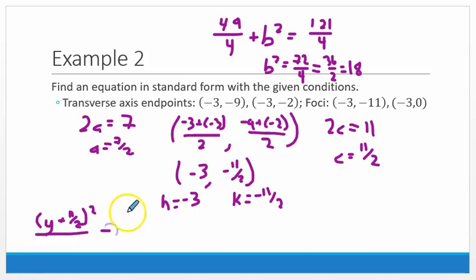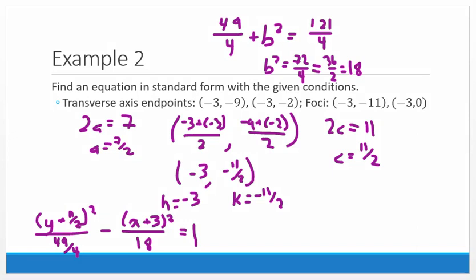And for the x value, we had h is -3, so if you subtract -3, you get +3. And remember, this always equals 1. And the a value that we got, 7/2, we need that squared. So that's going to be 49/4. That needs to go in the first denominator. And for the other value, our b squared, that 18, is going to come over here.